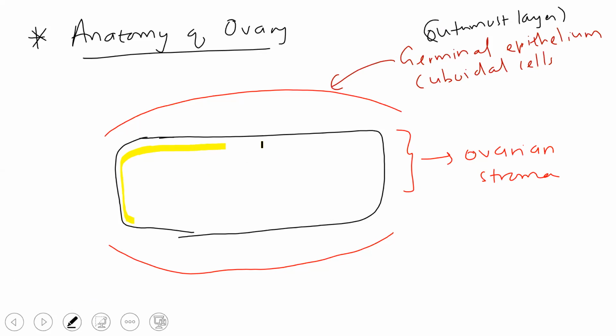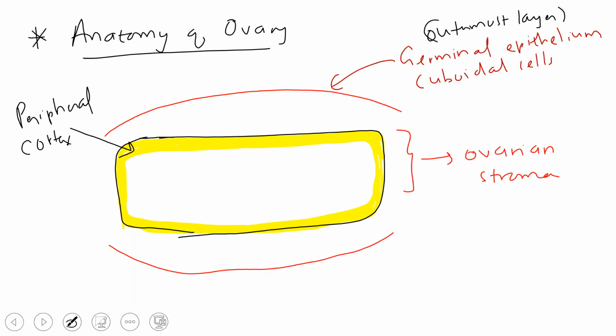In that stroma also, I'm highlighting a certain part. This yellowish part which you see is what we call the peripheral cortex of the ovarian stroma.